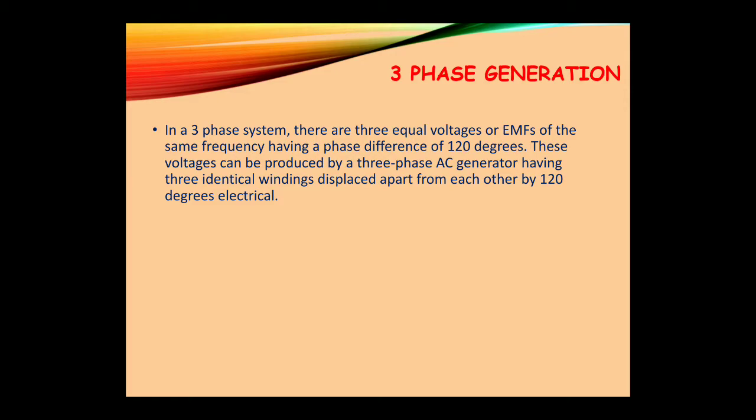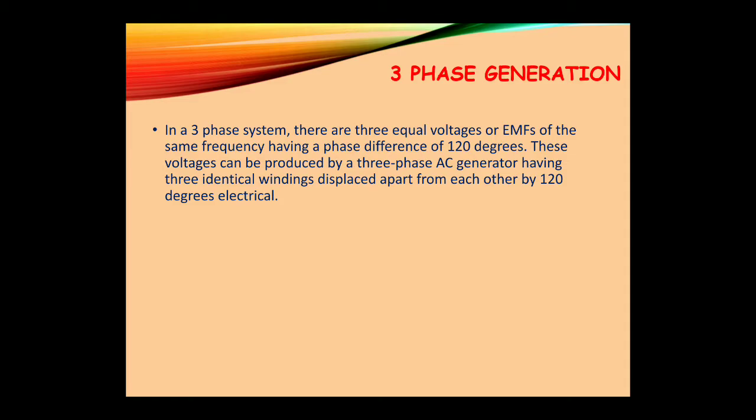a three-phase star connected winding, the electrical angle between the windings is 120 degrees, or the angular displacement between the windings is 120 degrees apart, and if it cuts the magnetic flux, then a three-phase voltage is generated, and the angular displacement between these voltages is also 120 degrees.